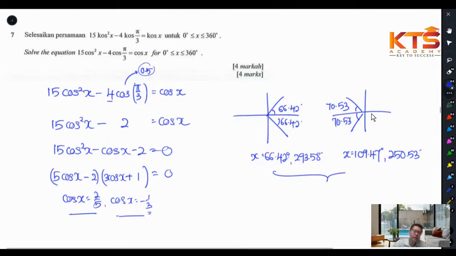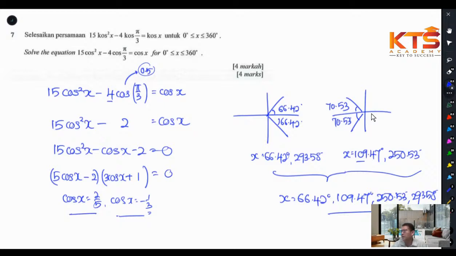So here, the answer is x equals to, arrange nicely. Then I'll write this 109.47, and then 250.53, and another one is 293.58 degrees. Yeah, 4 answers here.